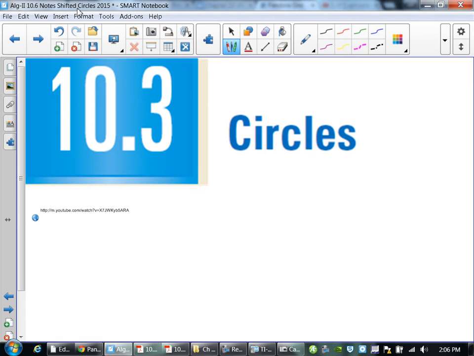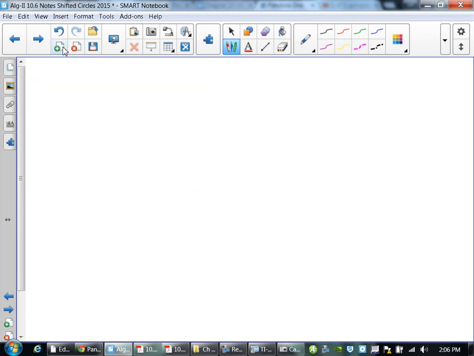Anyway, what you guys did last year with circles is that you wrote the equation of any circle as x squared plus y squared is r squared. This is for when a circle is centered at the origin.